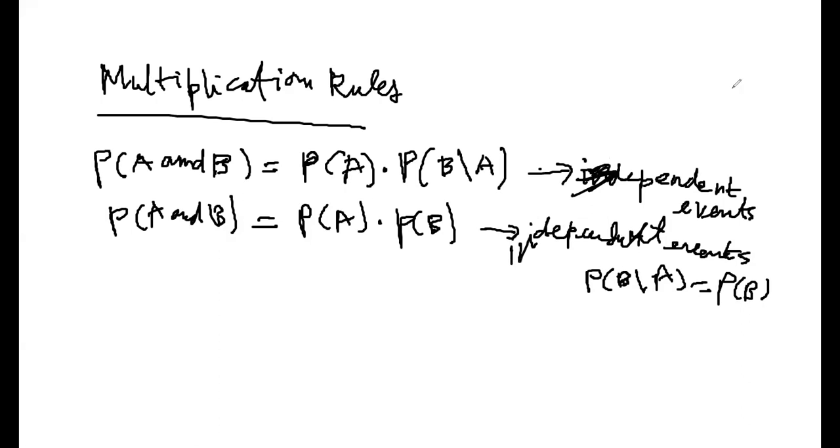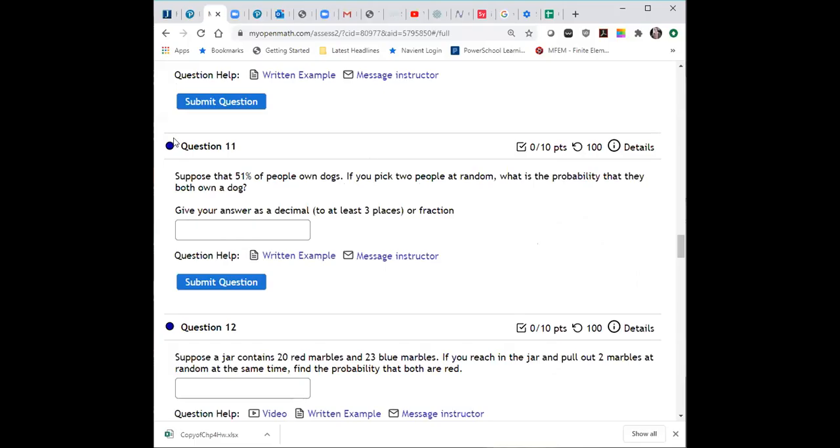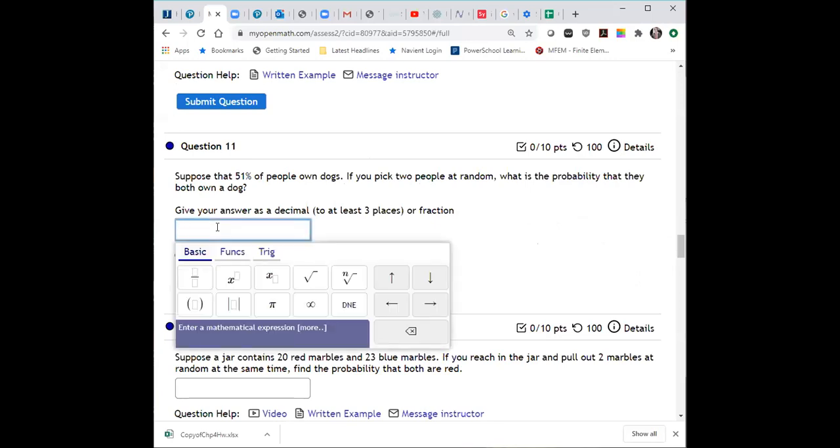So the case for this dog owner is considered an independent event. So the answer for this one will be a decimal, right?